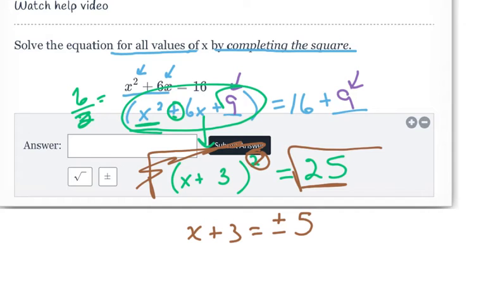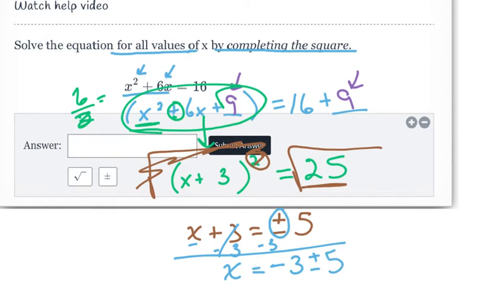We're almost done now. We need x by itself, so we're going to subtract 3. Remember, whatever you subtract is going to go in front of your plus or minus. So now I have x equals negative 3 plus or minus 5. Negative 3 plus 5 equals 2, and negative 3 minus 5 is negative 8.